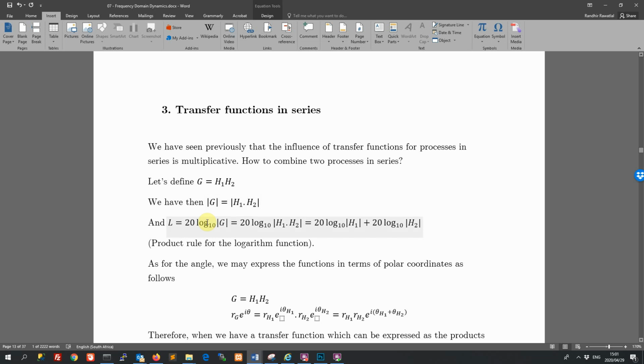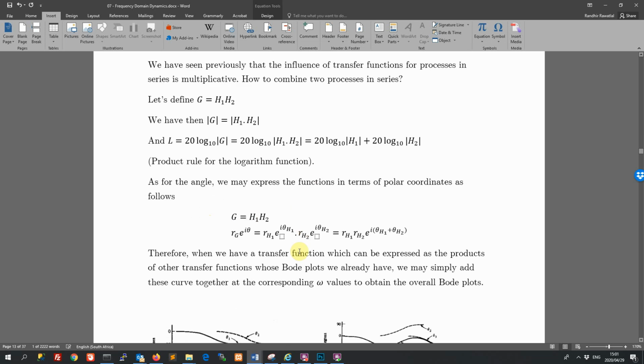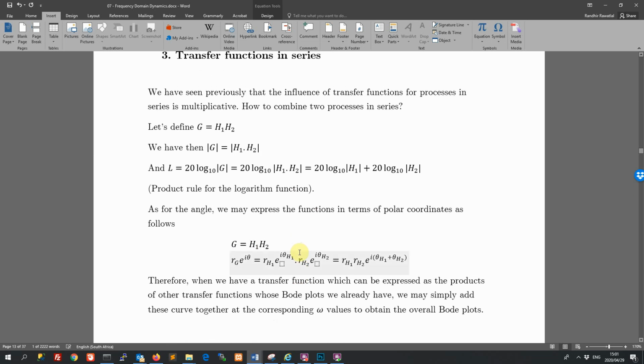So that's quite useful. That means we can just add together our curves for the various functions. And we can do that in a case like this where we have tanks in series. We can also think about what if we have just different functions multiplied together.